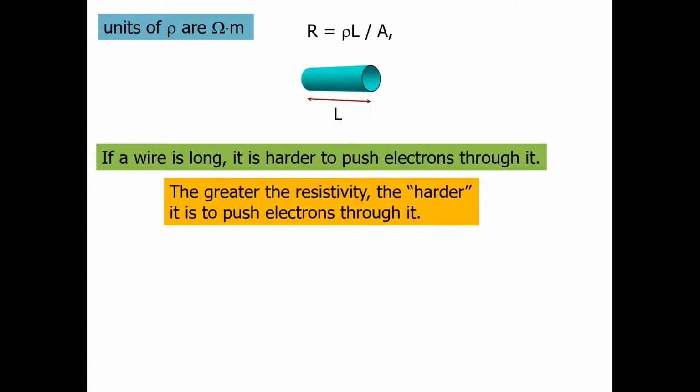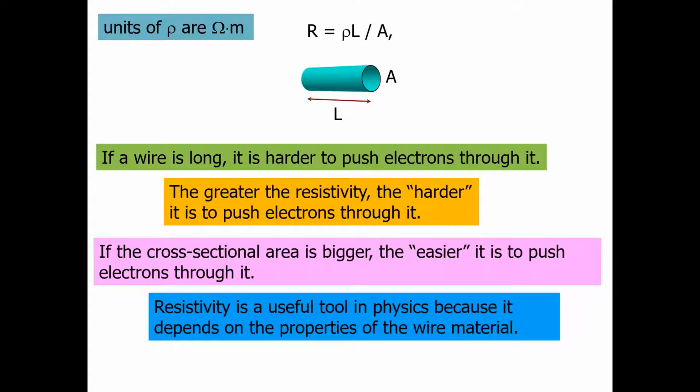If you compare copper and plastic, the resistivity of copper should be much lower than the resistivity of plastic. If the cross-sectional area is bigger, it is easier to push the electrons through it. And resistivity is a useful tool in physics because it depends on the properties of the wire material.